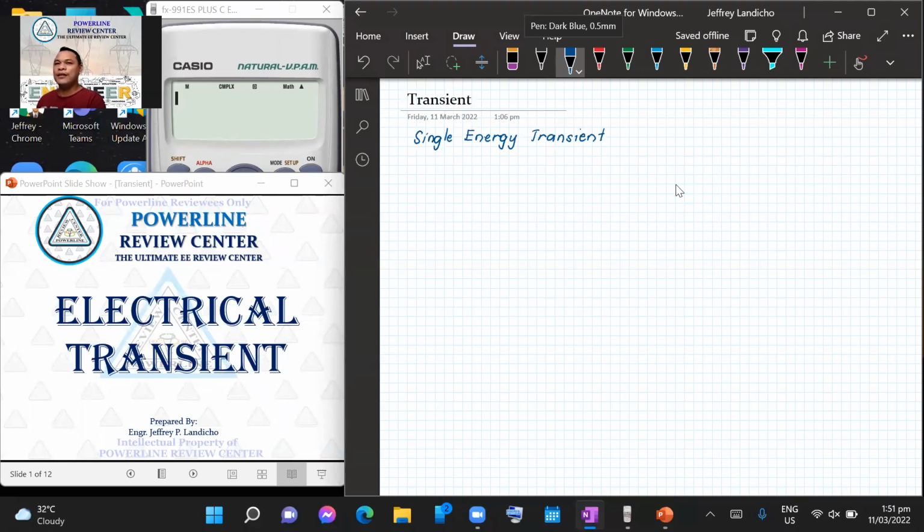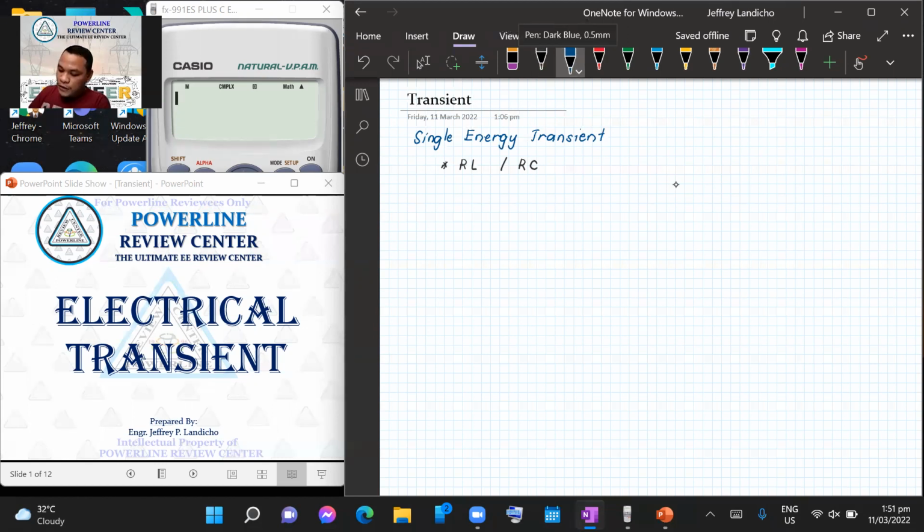So, sa circuit, nandun lang si inductor, pwede may kasama siyang resistance. Kumbaga, meron ka lang RL circuit or RC circuit, no? For single energy transient, pwede mo ma-encounter resistor and inductor or resistor at saka capacitor. Hindi pwede magsama yung inductance at capacitance doon sa tinatawag nating single energy transient.